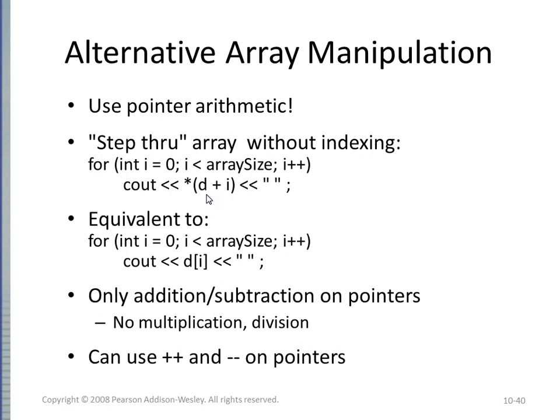Array size minus 1. What else? Array size. What's the array size? Array size. What else? At the end of this loop, to which item will D be pointing at?